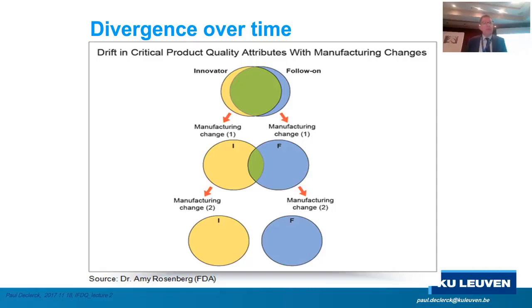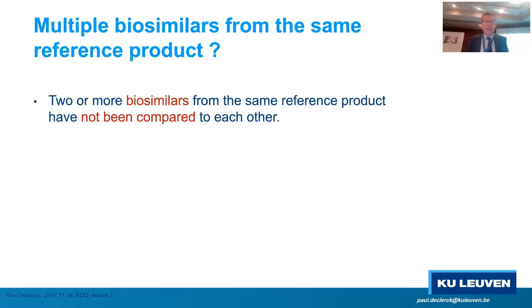So that's something we have to take into account. This also means that if you have proven interchangeability at a certain time point, you have no idea whether this conclusion remains valid after 5 or after 10 years. So this is a remaining question mark.